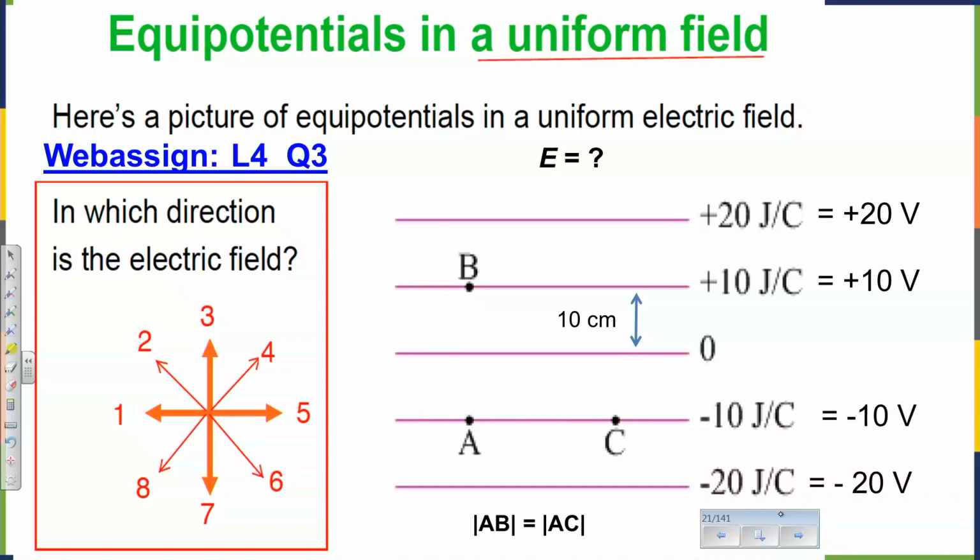The question I want to ask you is, what is the direction of that electric field? Electric field lines, electric field vector. You can choose from the set of these directions. I want to choose this.